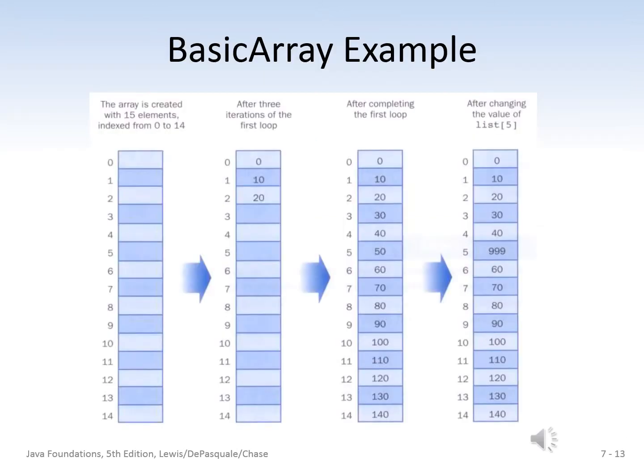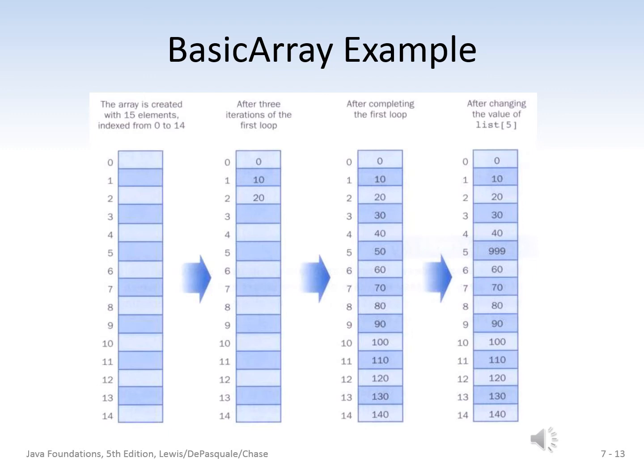This diagram shows 4 state snapshots of the array. First, the array is created with 15 elements indexed from 0 to 14, although nothing is stored. After 3 iterations of the first loop, in which we're multiplying the index number times 10, we have 0, 10, and 20.